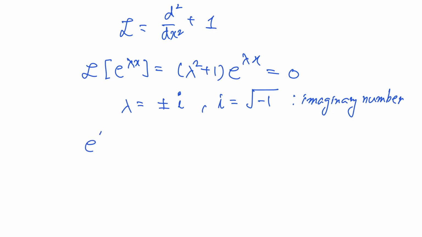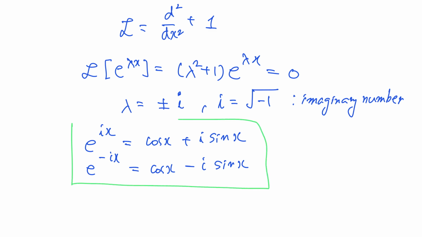So we have Euler's formula: exponential ix is cosine x plus i sine x, and exponential minus ix is cosine x minus i sine x.